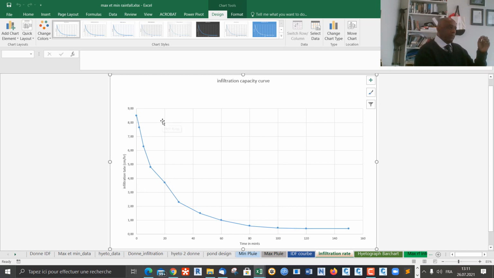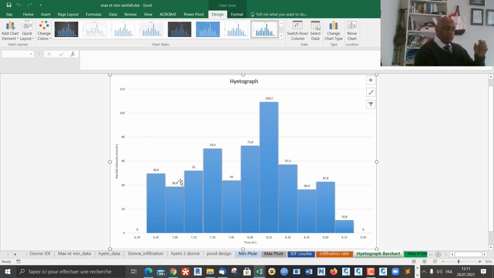If we have a developed hydrograph here, we overlap it with this one, and then we can simply know that the area under the curve is the volume of water that is infiltrated, and the area above the curve is the volume of effective runoff.